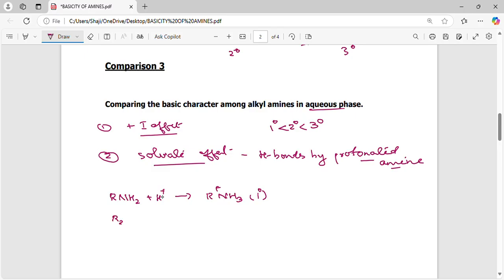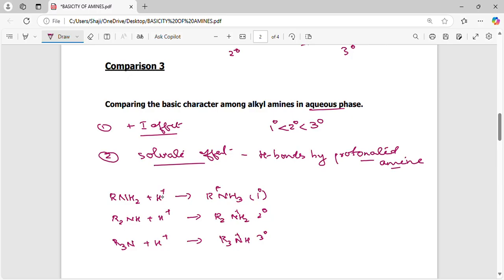Similarly, secondary amine R2NH plus H plus, we get R2NH2 plus. This is secondary protonated amine. And finally R3N, tertiary amine with the proton, we get R3NH plus. This is tertiary protonated amine.